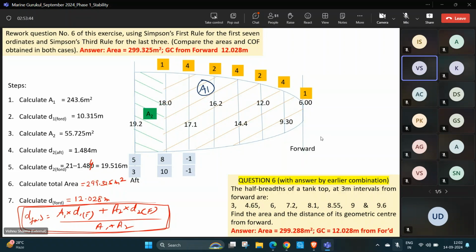Yes, you also need to many a times apply the basics like the TPC formula and freshwater allowance formula. So those basic concepts of stability, if they are involved in a question where Simpson's rules is to be applied, then that basic knowledge needs to be recalled and put to use. That is one more area where people could falter. Anyway, if you now do questions from past papers and bring the doubts here, I'm sure your doubts will be limited to only 3, 4, 5 questions.